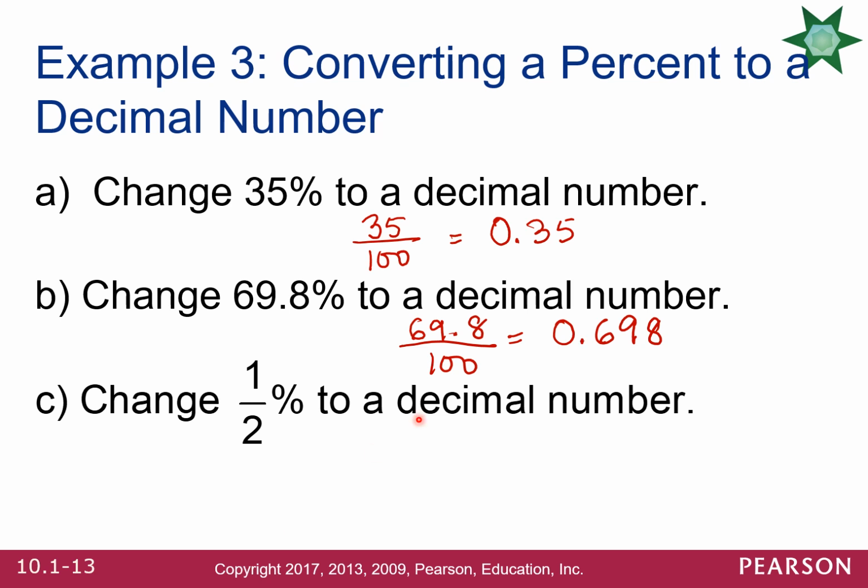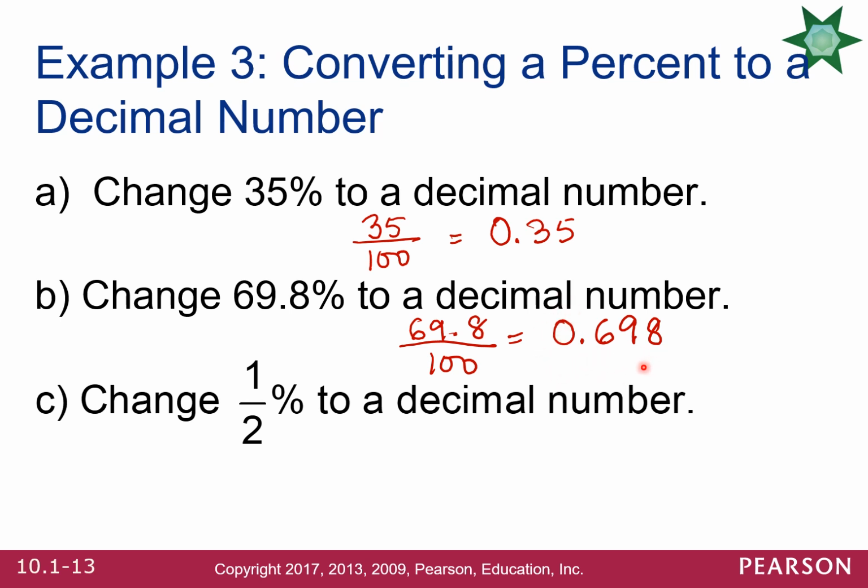It's always good practice when a value starts with a decimal point to put a 0 before it. So 0.698. It's just good practice. If you write .698, it is correct. It's not wrong, but it's good practice to write it as 0.698.